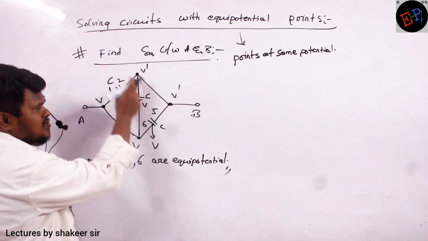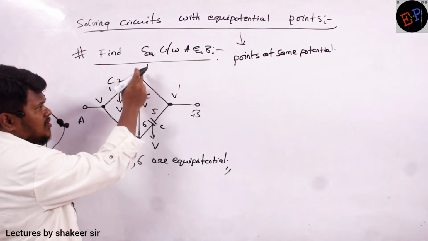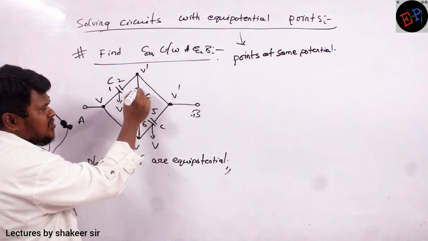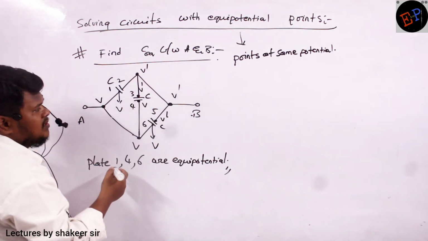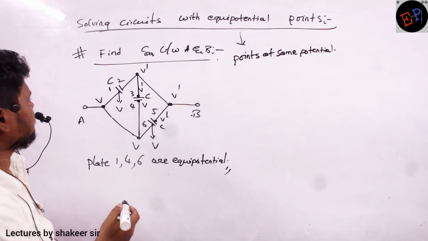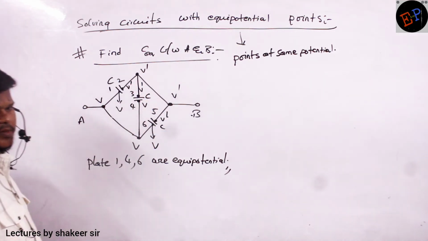A is at a potential of V, B is at a potential of V dash, for example. Then definitely I can say this potential is also V dash, no? Because in these two points there is no connection, in the sense there is no consumer of voltage. Here if the potential is V dash, here also the potential will be V dash. And this also will be at a potential of V dash. Are you able to understand?